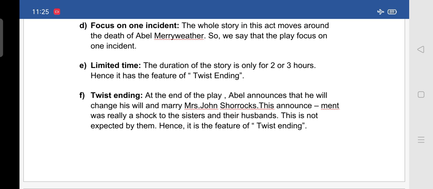At the end of the play, Abel announces that he will change his will and marry Mrs. John Shorrocks. This announcement was really a shock to the sisters and their husbands. This was not expected by them. Hence, it is the feature of twist ending.